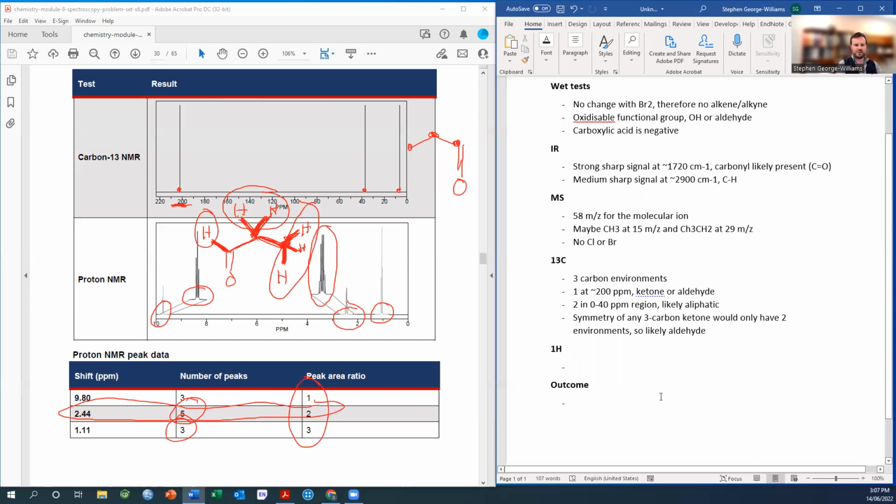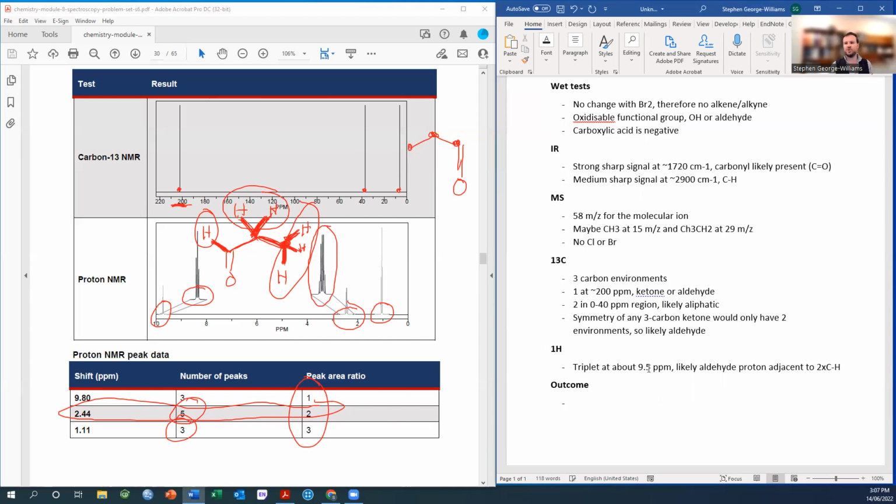So in my proton environment, I had a triplet at about 9.5, likely an aldehyde, that is next door or adjacent to 2 hydrogens.